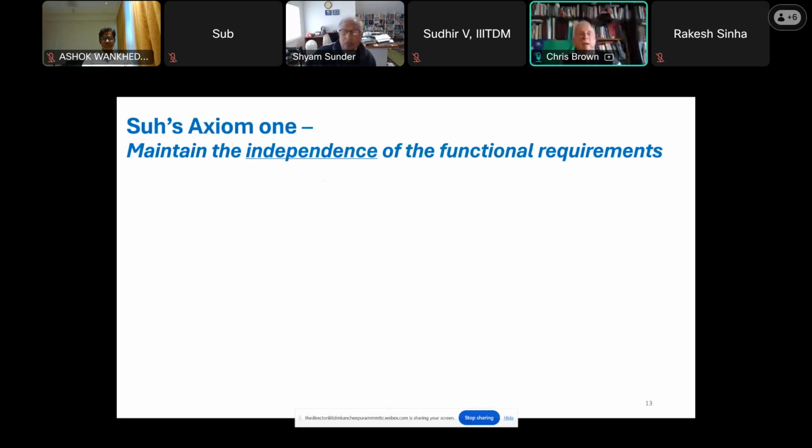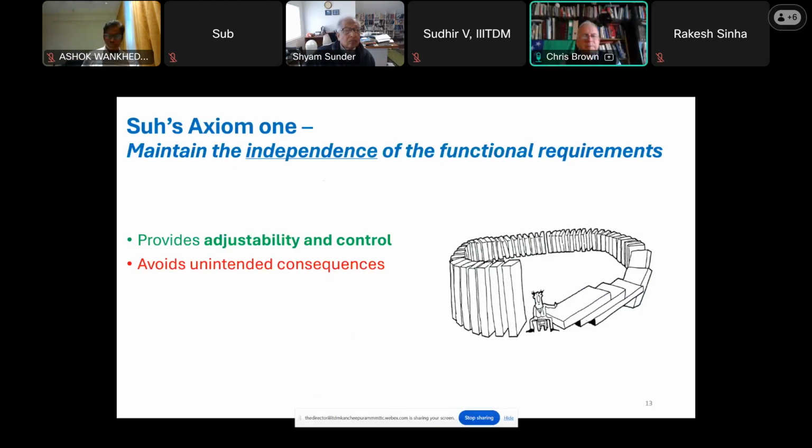All right, axiom one, independence. So this provides adjustability and control. We avoid unintended consequences. This often leads to cost overruns and time overruns in design projects. Results in modularity, which I think people understand to be a good idea in design.